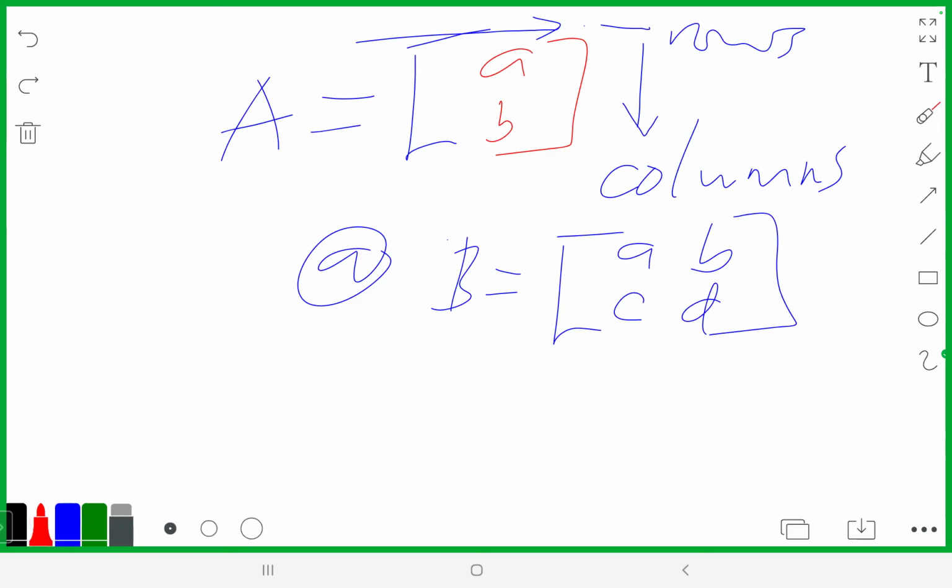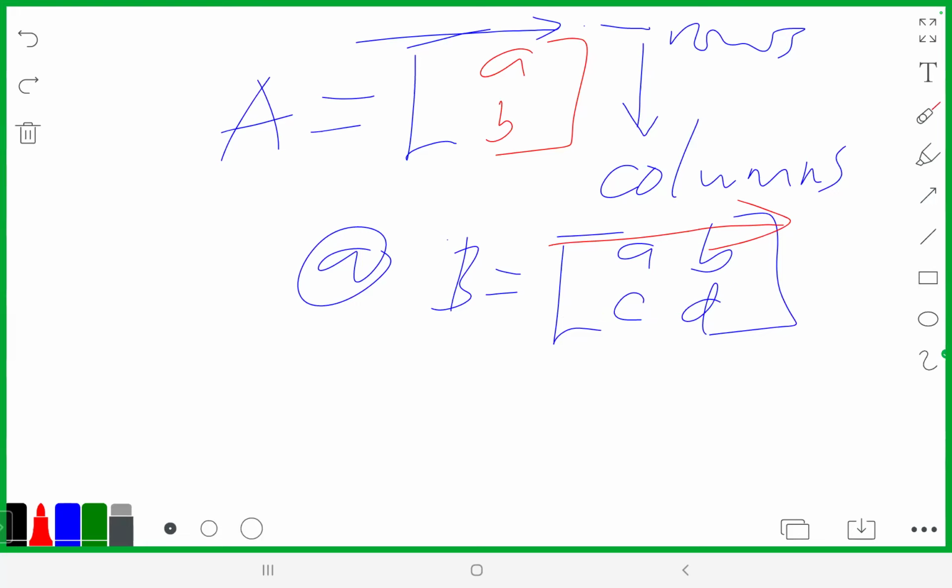How many rows does this matrix have? It has 2 rows, 1 and 2. We always start by stating the number of the rows. Then you think of the columns.